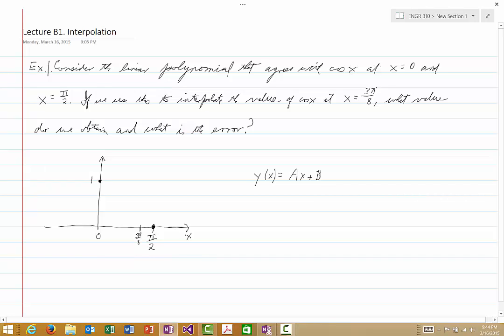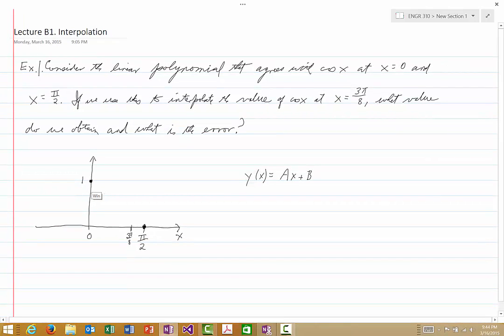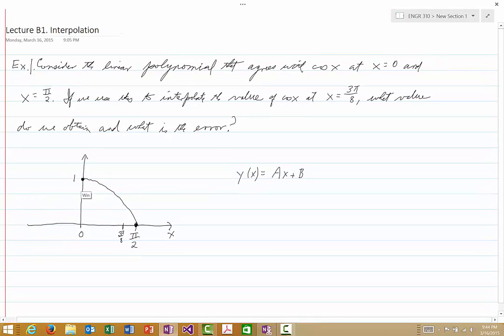So let's see how this would go. Now, let me make a few remarks. You know that the cosine function between 0 and pi over 2 is going to look something like this, but the linear interpolate is going to be just a straight line that will look something like that.